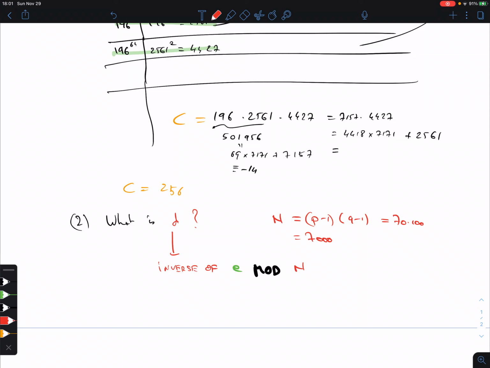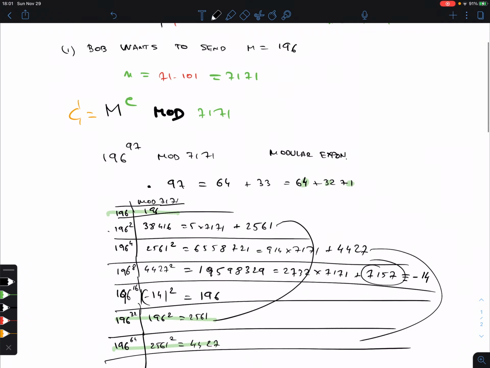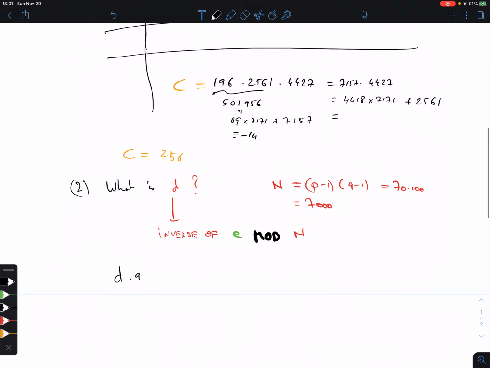So what does that mean for our equation? D times E, with E being 97, has to be equivalent to 1 mod 7,000.